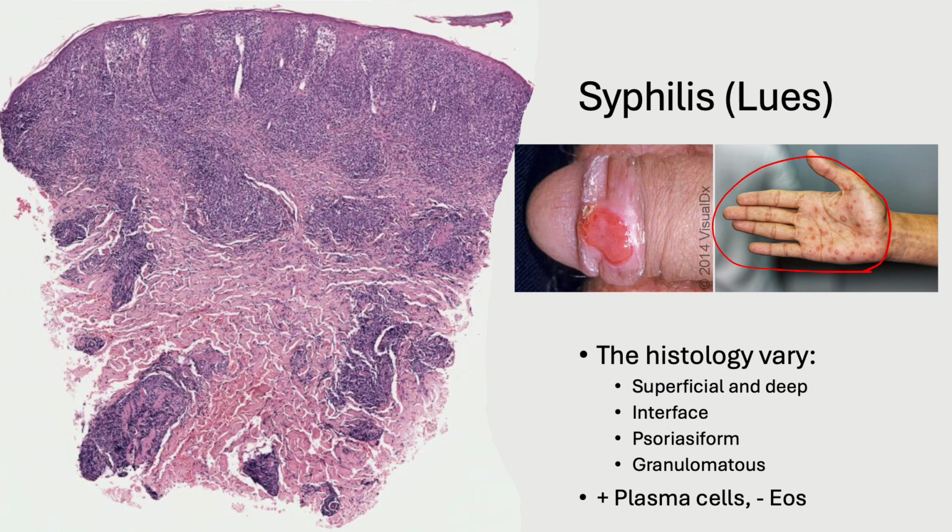Syphilis, we also call a great mimicker because it can also present very differently. And the hint to call syphilis is the plasma cell. Presence of plasma cells can always give us a hint to make sure it is not syphilis. And also, usually syphilis does not have eosinophils. That is not a hard rule, but it's from our experience.